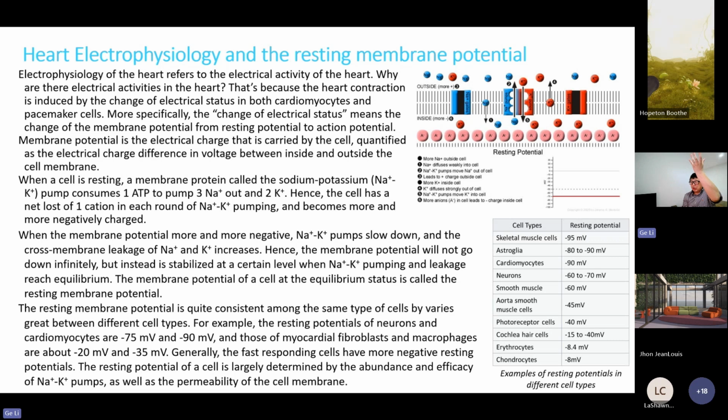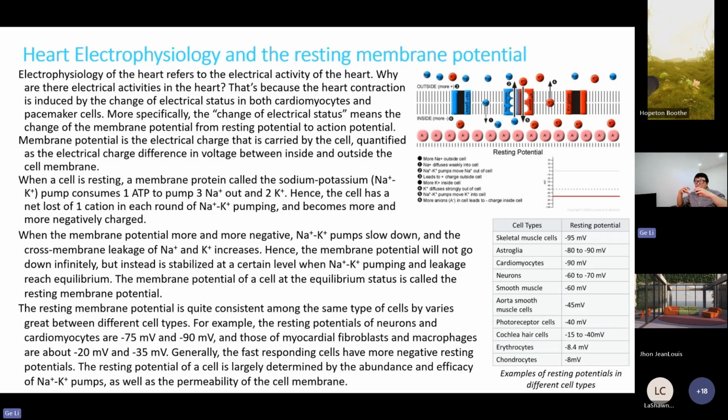Given time, the cell will gradually accumulate a lot of negative charge inside, and gradually this cell carries a negative charge. Even though this pump is always actively working to pump sodium out, this pump is not under active regulation.